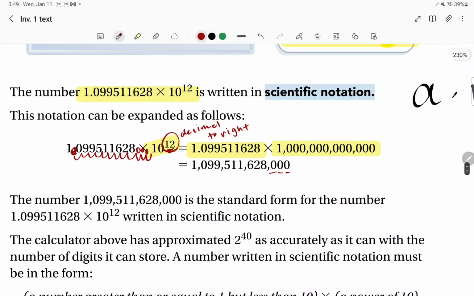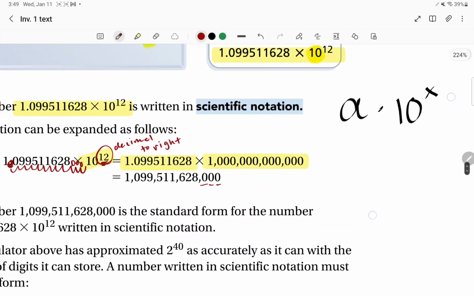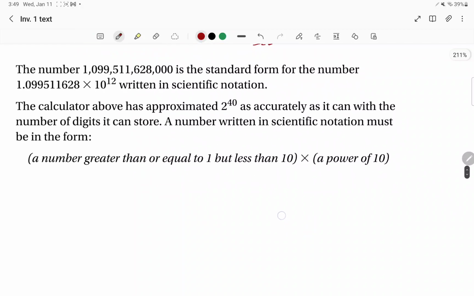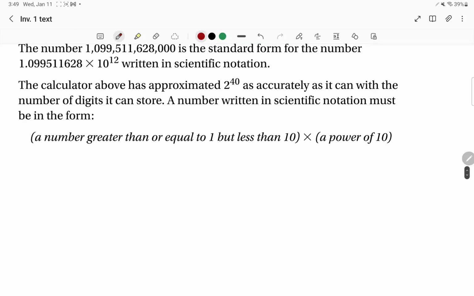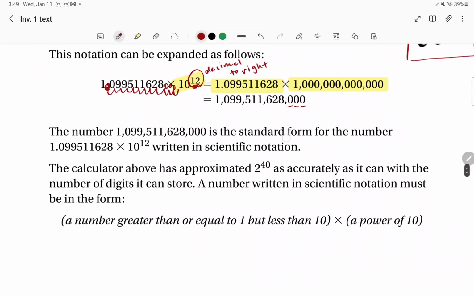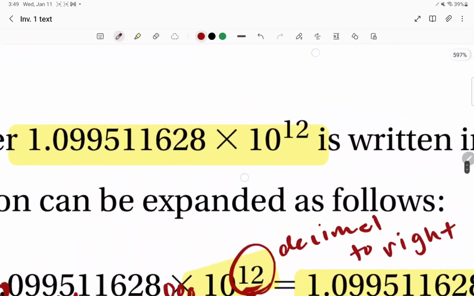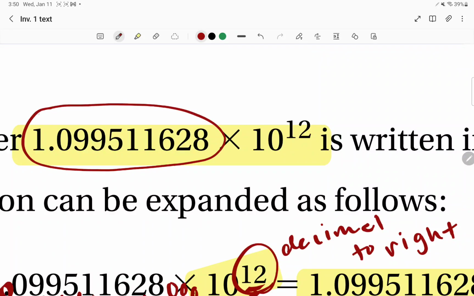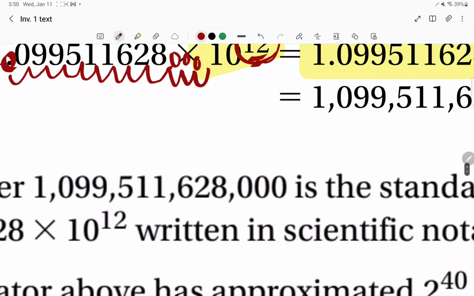So make sure you have examples of scientific notation. You have the basic formula for scientific notation or the expression for scientific notation in your notes. Now this last part is extremely important. When you're writing a number in scientific notation, like this number up here, 1.099511628, that number right here needs to be between 1 and 10.